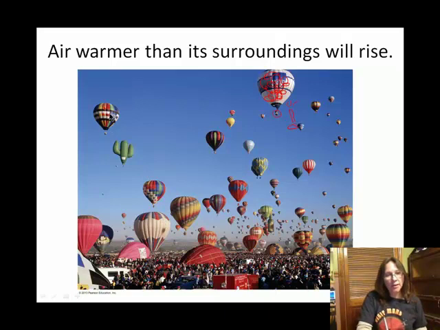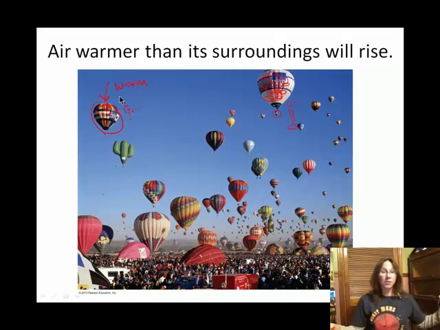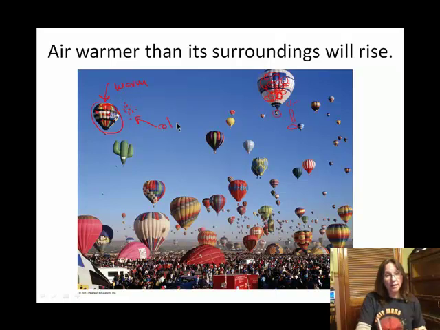If I were to look at the particles of air in there, that's maybe how compact they are, versus the particles of air outside. That's how compact they are. So it's a density issue, okay? The hot air in the balloon is less dense than the colder air outside.